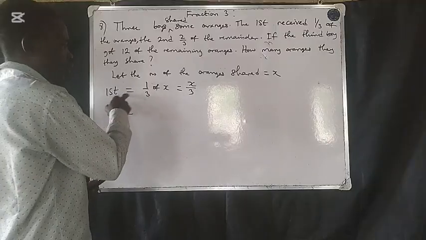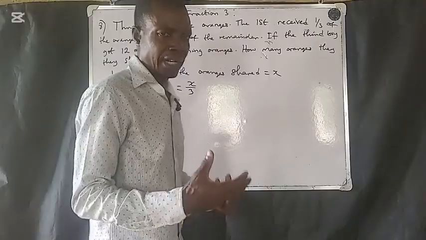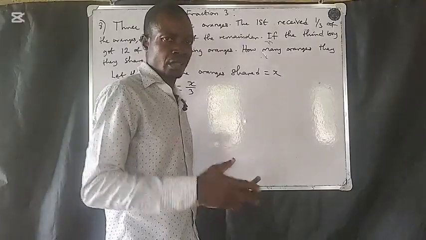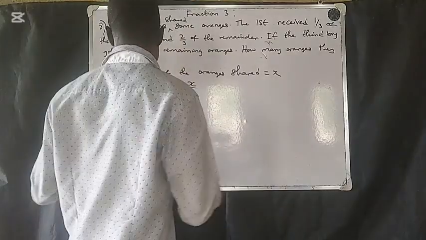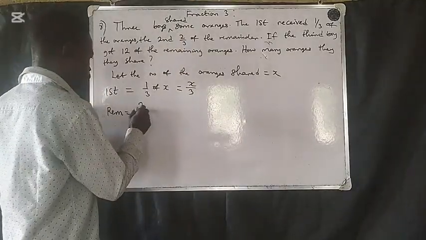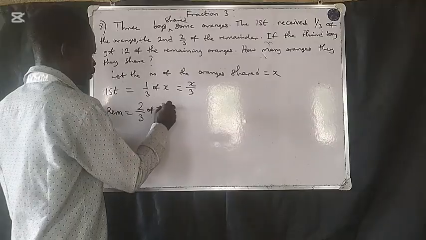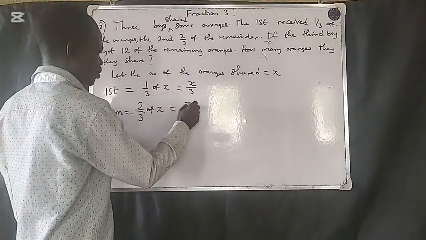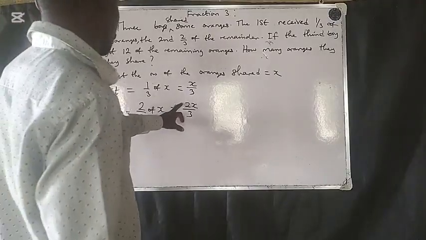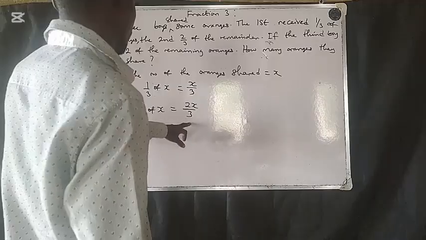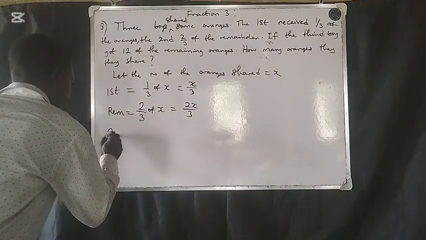If you divide the oranges into 3 equal parts, 1/3 is already taken away. Then it will remain 2/3. So 2/3 is the remainder, 2/3 of x, which is the same as 2x/3. So the remainder is 2x/3.